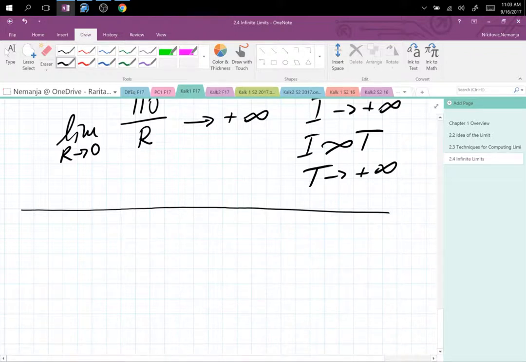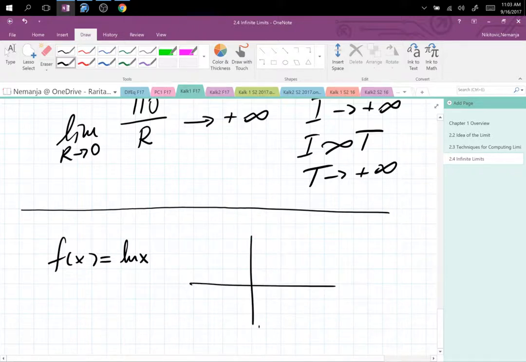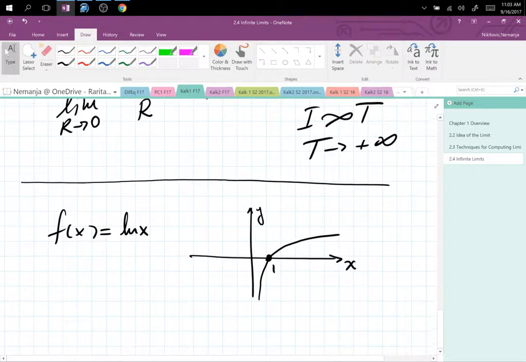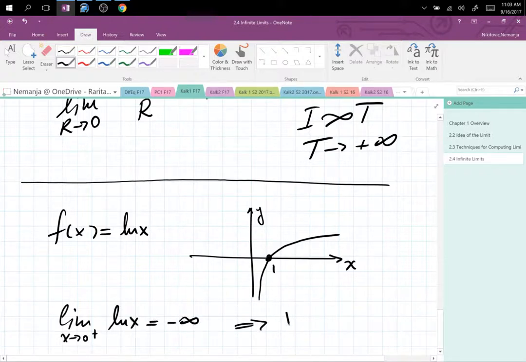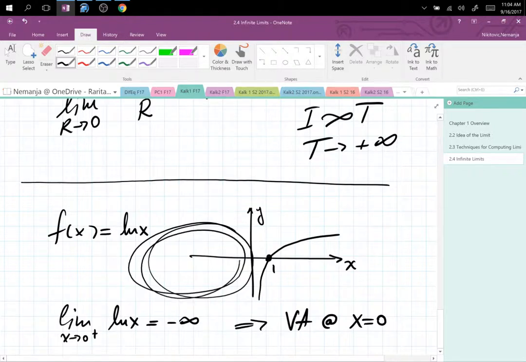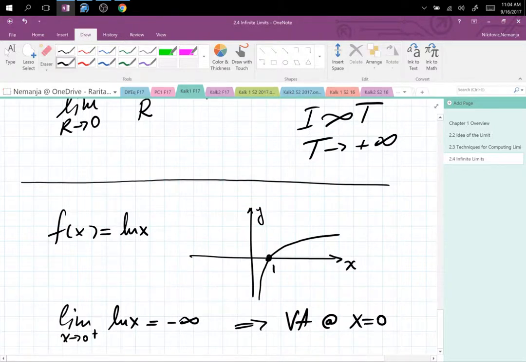So if you are considering f of x equal ln x, let's say, you look at the graph going through 1, and you see that the only thing that you can consider is the limit as x approaches 0 plus of ln x, which turns out to be negative infinity, implying VA at x equals 0. So there's nothing on this side to test the left approach.